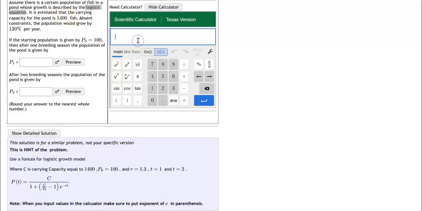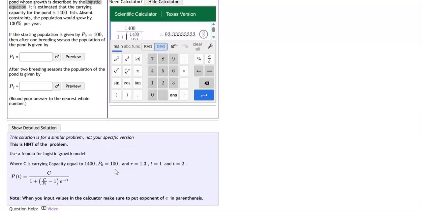So I'm going to put 1400 divided by 1 plus, and I'm typing exactly as it looks, in parentheses again, C, which is 1400, divided by P0, which is the initial population of the fish, 100, right?